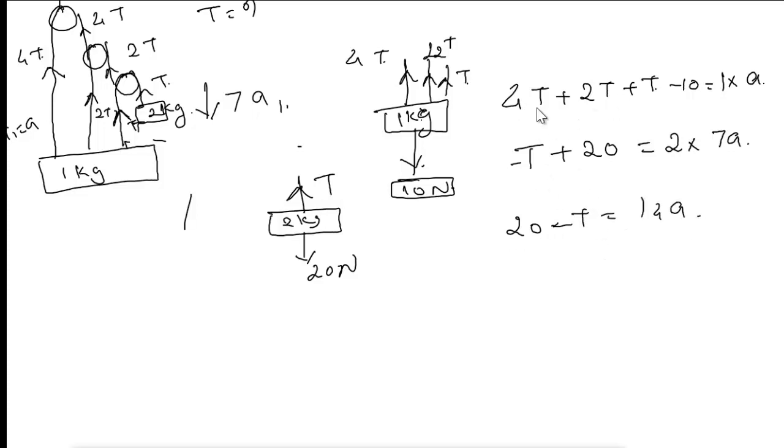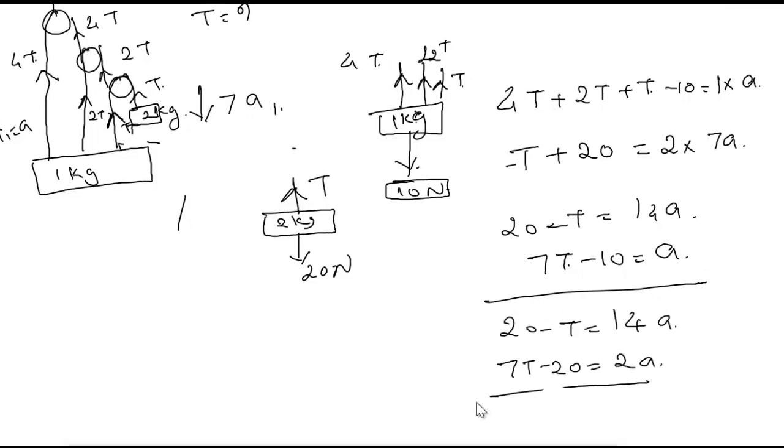From the first equation, 7T minus 10 equals a. Multiplying by 7, we get 49T minus 140 equals 14a, and 20 minus T equals 14a.